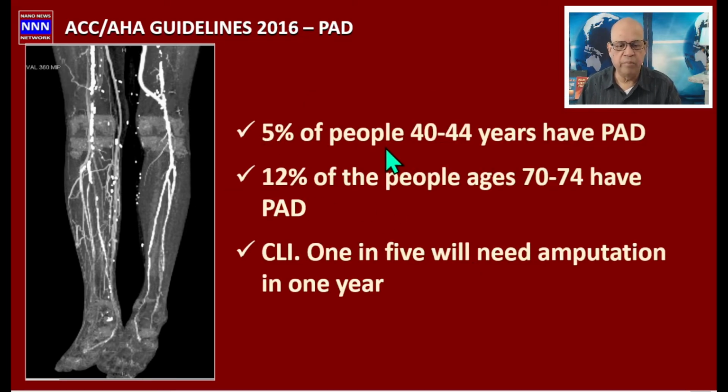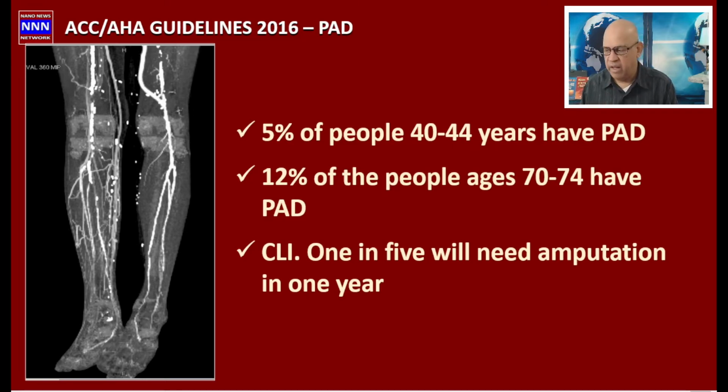5% of the people over the age of 40 to 45 years have some signs and symptoms of peripheral arterial disease. 12% of the population over the age of 70 to 74 have peripheral arterial disease. When patients develop chronic limb ischemia, characterized by reduced circulation, cold extremities, some degree of gangrene, discoloration, poor sensation, all of these are signs of chronic leg ischemia. 1 in 5 will need amputation within 1 year.